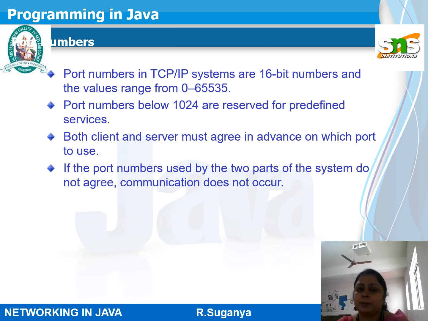If the port numbers used by two parts of the system do not agree, communication does not occur. If the port numbers are the same, it will give the services to the particular clients, take particular information from the server, and give a response from the particular port number.